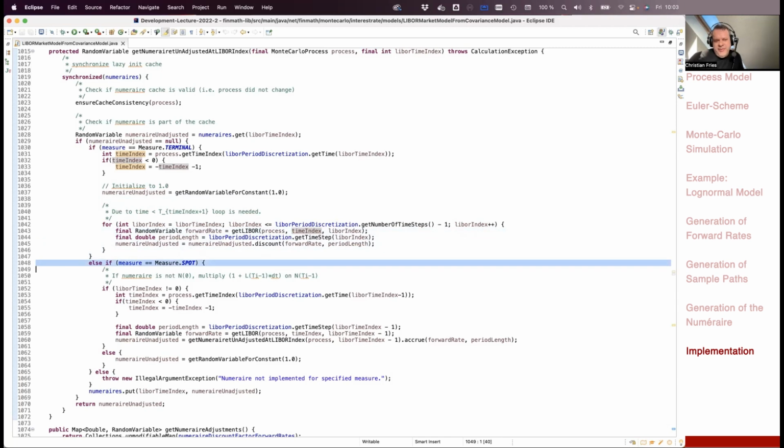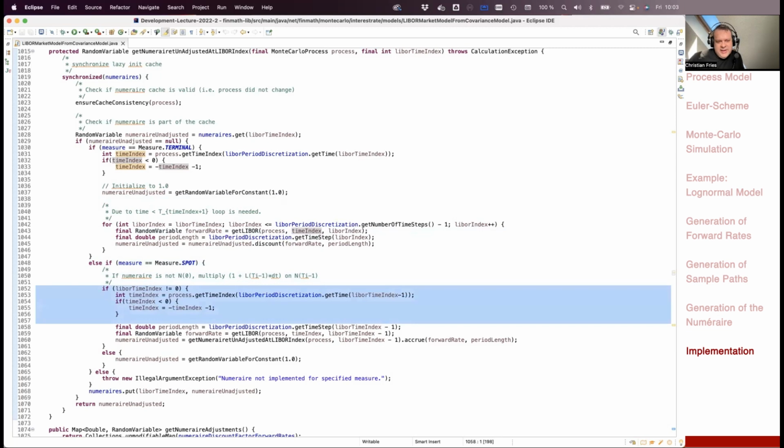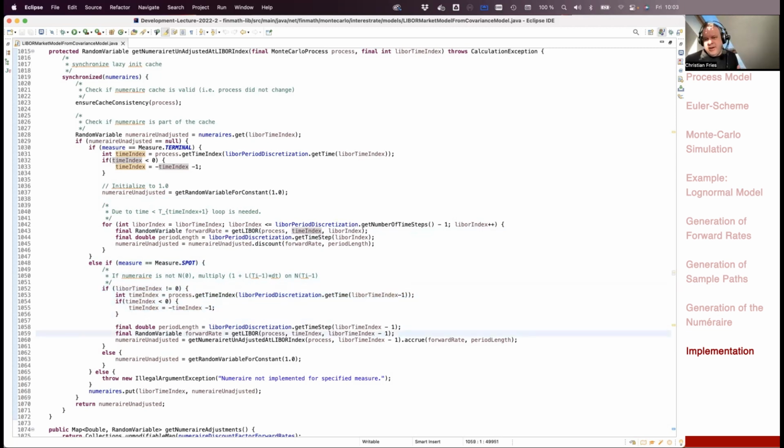For the spot measure, actually, you do not see a loop here. This is because my numeraire is just take the previous numeraire and multiply that with an additional factor. So you see, my numeraire is take the previous numeraire, so just call this function again with the time index shifted by 1 to the previous time index.